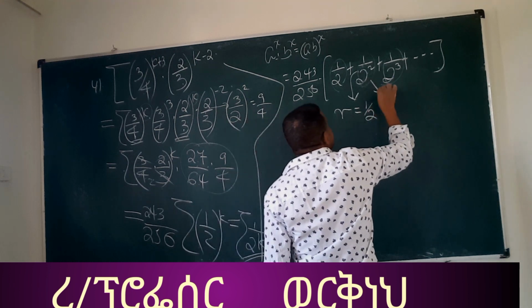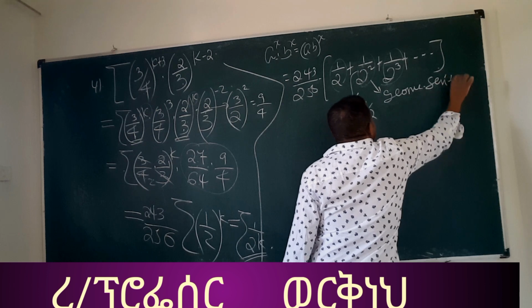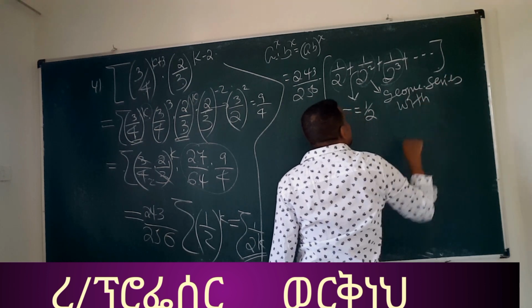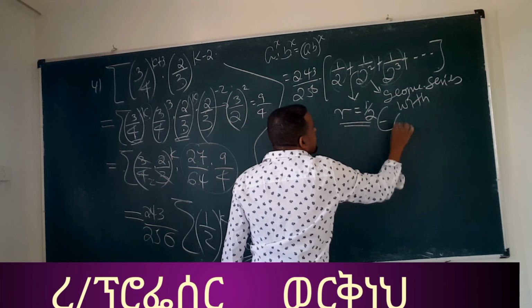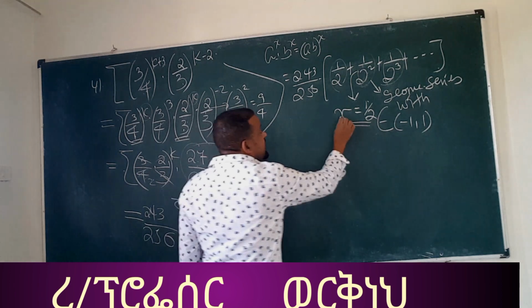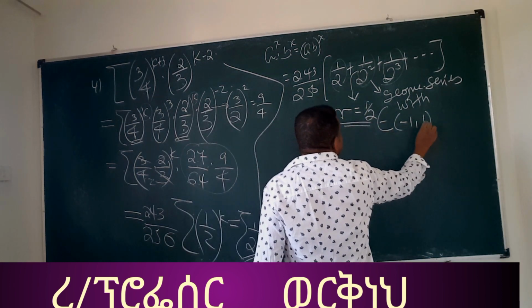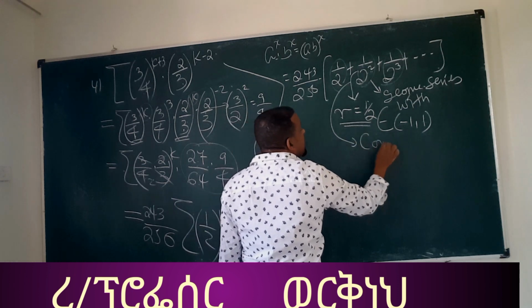So this is a geometric series with common ratio 1/2, which lies between -1 and 1, so the series is convergent.